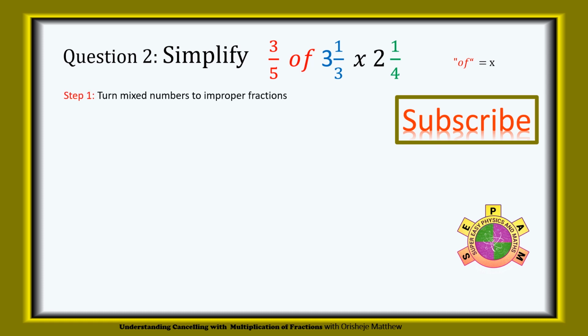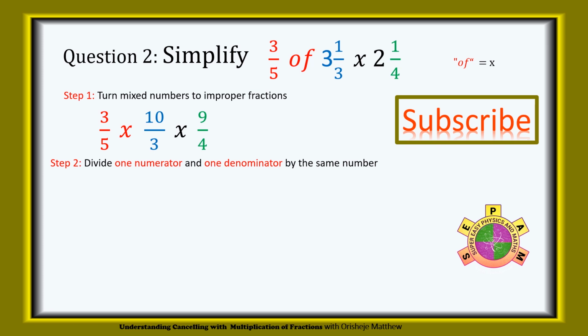Step 1, turn mixed numbers to improper fractions. 3 times 3, 9 plus 1, 10/3. 2 times 4, 8 plus 1, 9/4. Next step, divide one numerator by one denominator. If you look at 5 and 10, 5 can go into 10 how many times? 2 times.